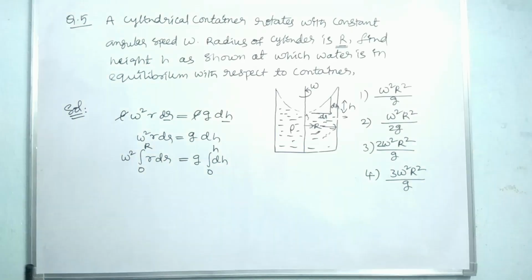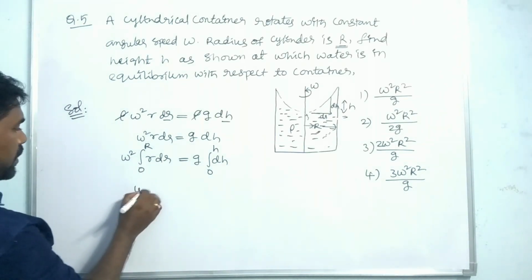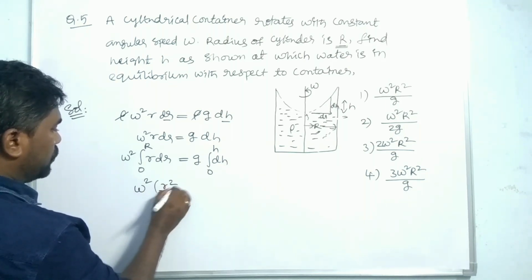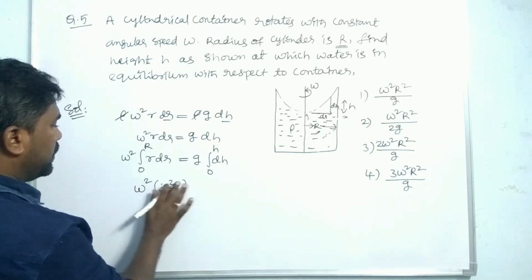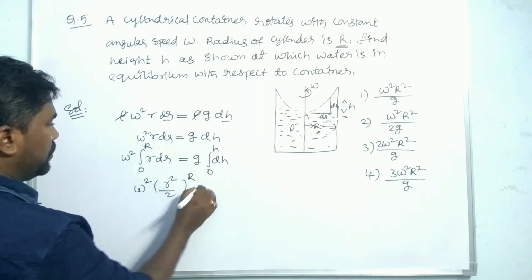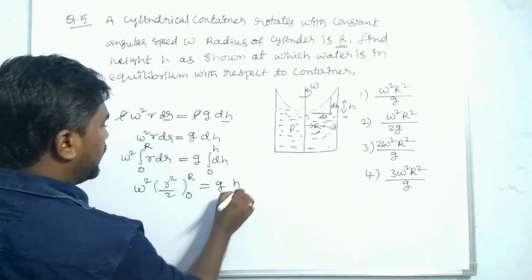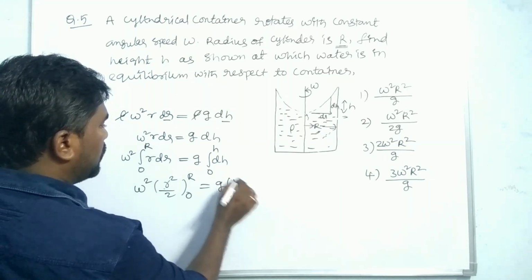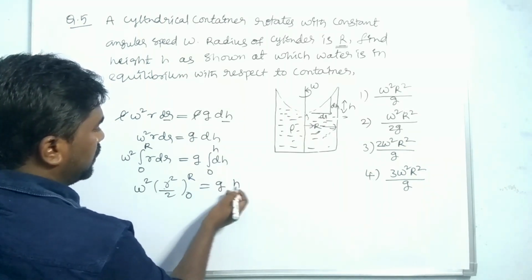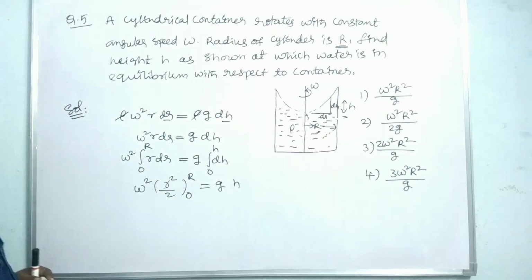Okay, so let us write omega square into r square by 2, from capital R to 0, is equal to g into h, from 0 to h. Of course, the limits will be applied, h minus 0, it is equal to h.